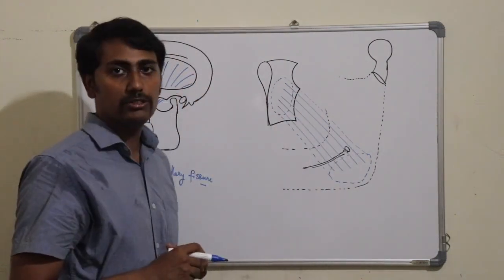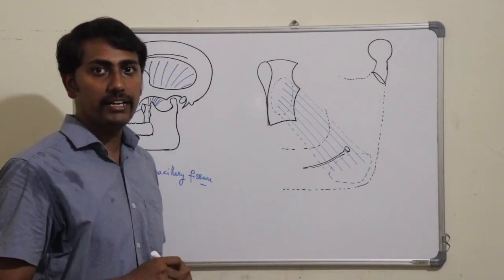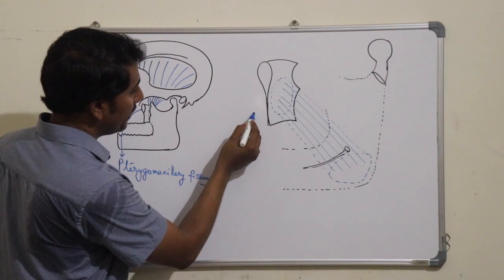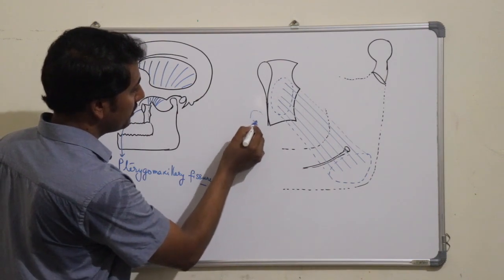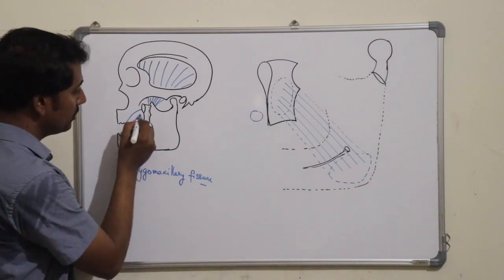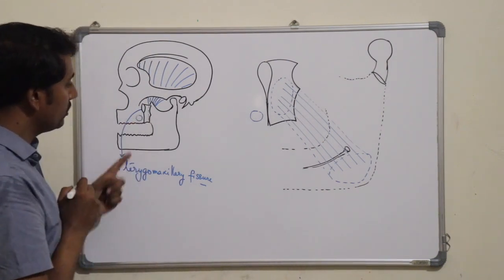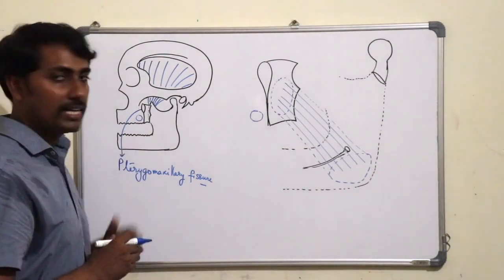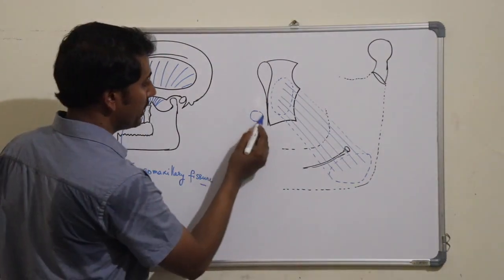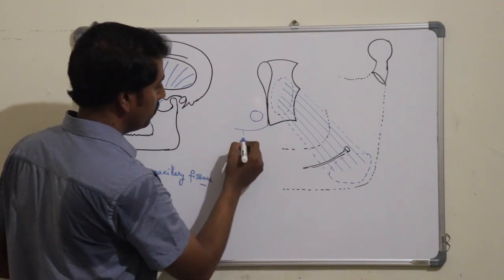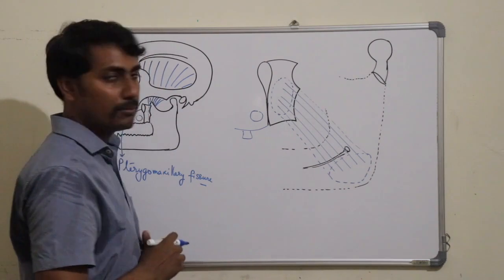Now let us draw the superficial head. The superficial head arises from a tuberosity which is present on the maxilla here in this region. We can see this tuberosity here also, here on the posterior surface of the maxilla, known as the maxillary tuberosity. So this was the maxillary tuberosity, this was the maxilla bone, and this is the molar tooth present in the maxilla bone.